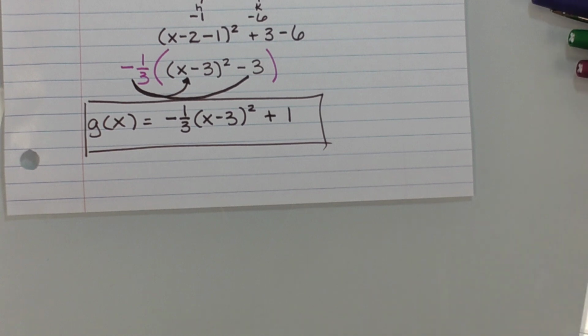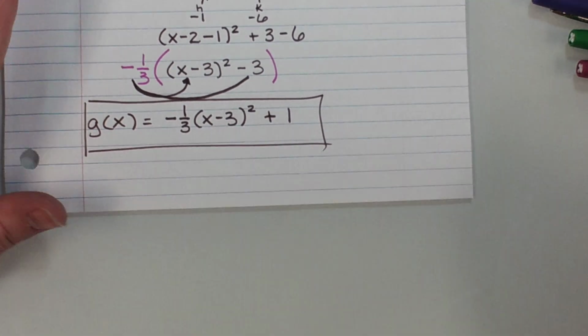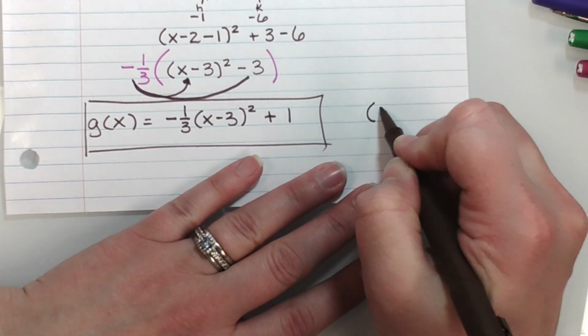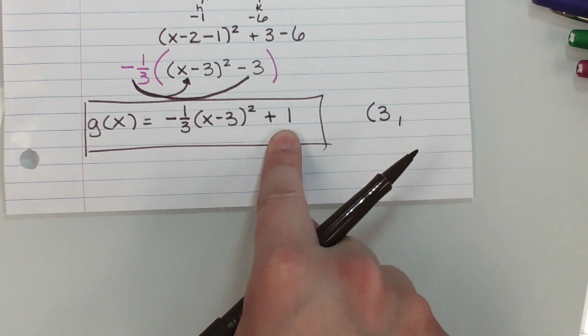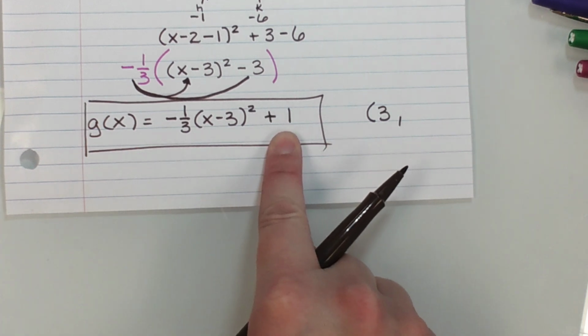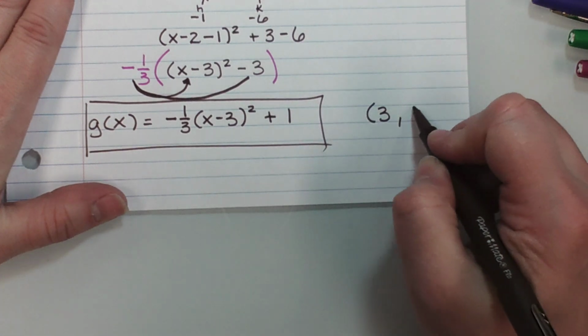So on this one, it's a minus 3. Opposite of minus 3 is positive 3. The K had a plus sign. You don't need to do the opposite. It was positive 1, so it's going to be 1.